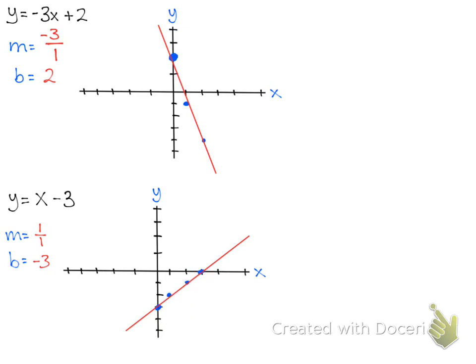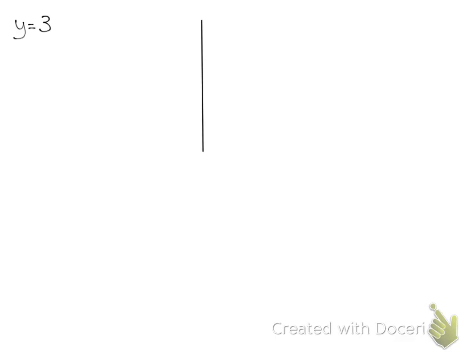Alright, so let's try this one. y equals 3. We're going to identify our slope and our y-intercept. This time the slope, there is none because there's no x variable. What this equation says is that y equals 3. So no matter what x is, your y value will always be 3.